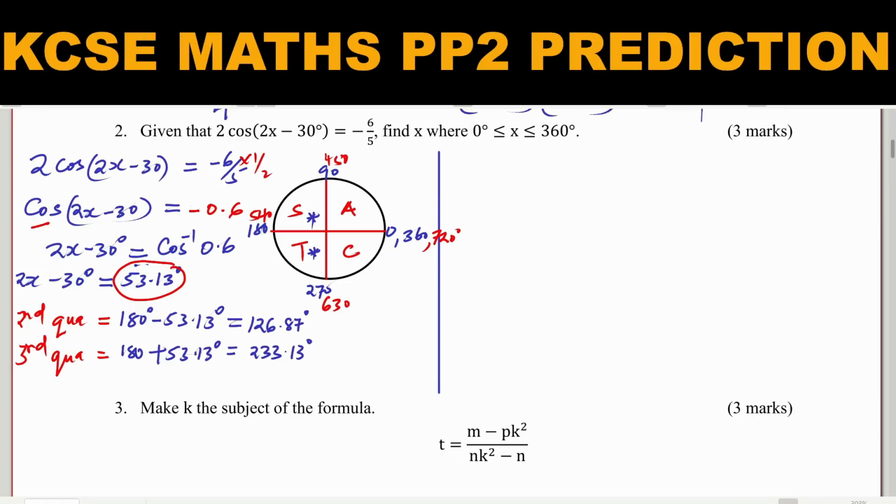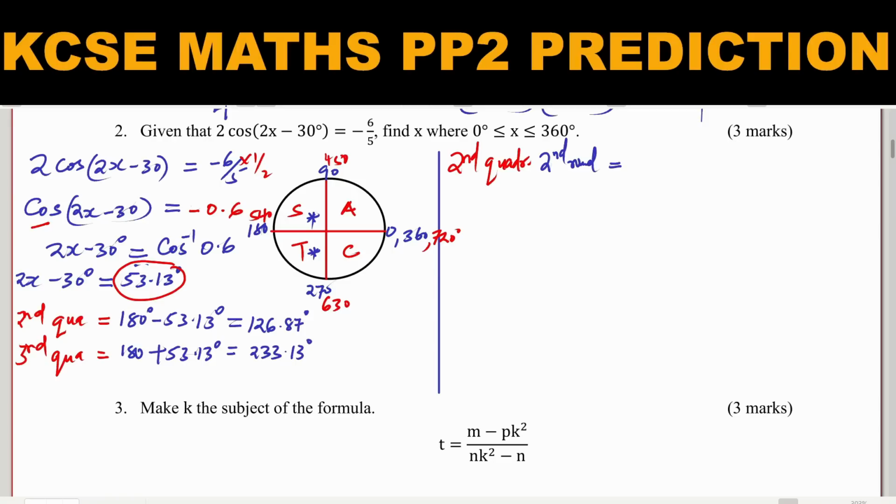So now, the second round. Let me go to the second quadrant. The second quadrant, but now not the first round, but the second round. What will be the angle? Remember it is 360 plus 90, you get 450.